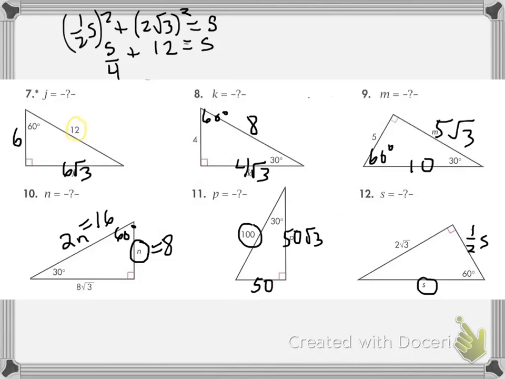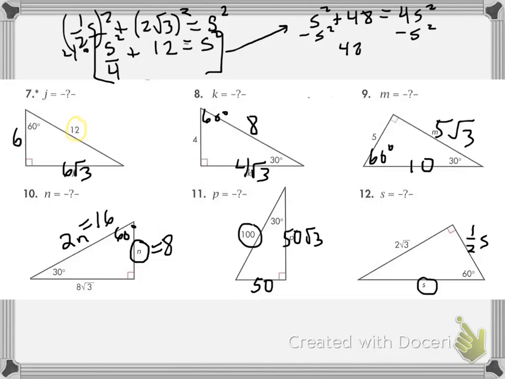I don't really like dealing with that 4, so one way I could do it is multiply everything by 4. And that will get me S squared plus 48 equals 4S squared. Subtract. This is supposed to be S squared, I just noticed. So it's S squared minus S squared. 48 equals 3S squared.